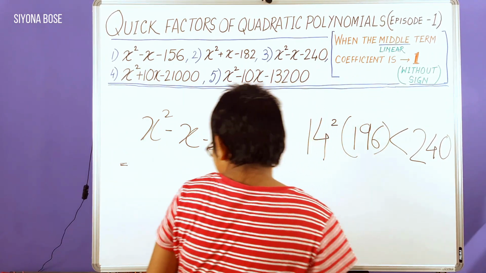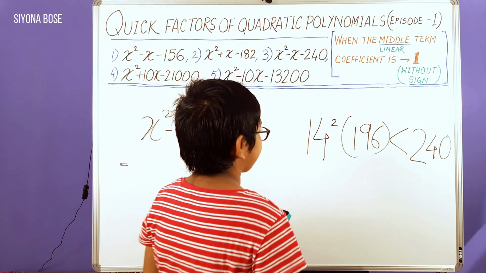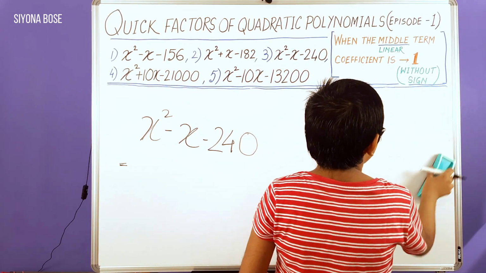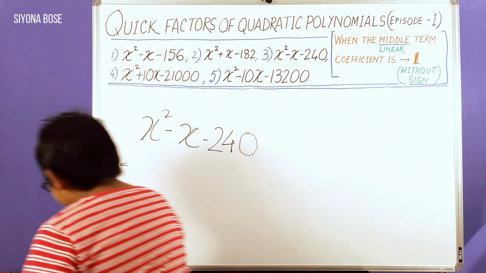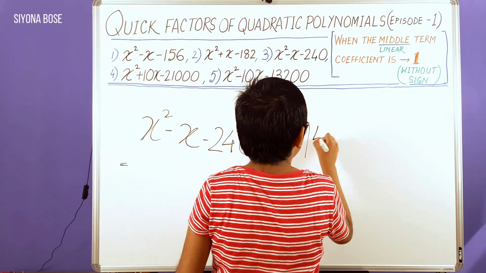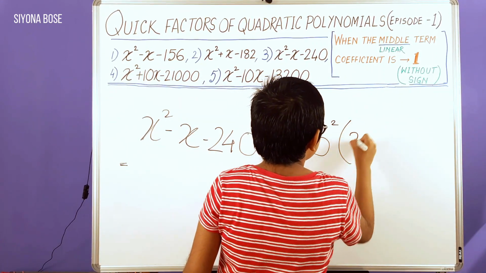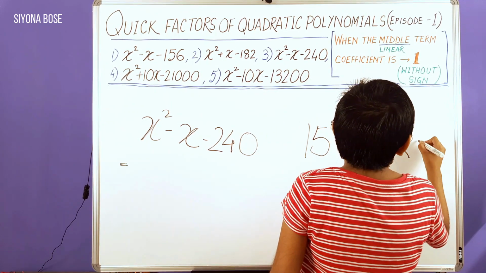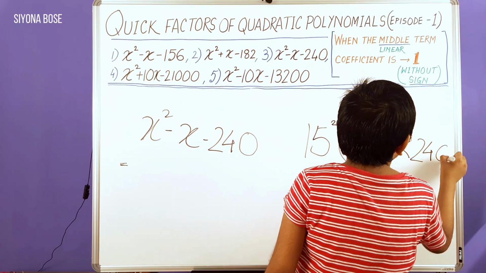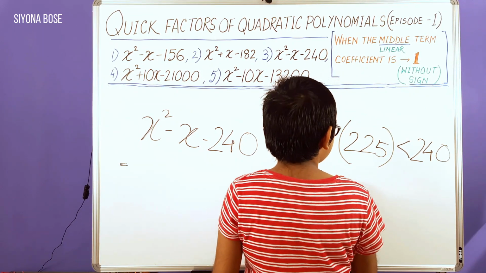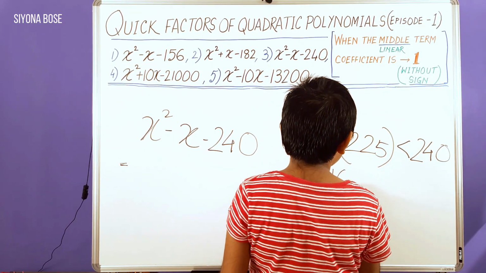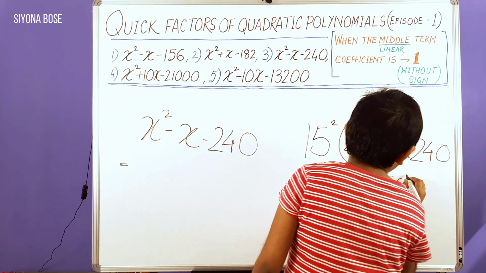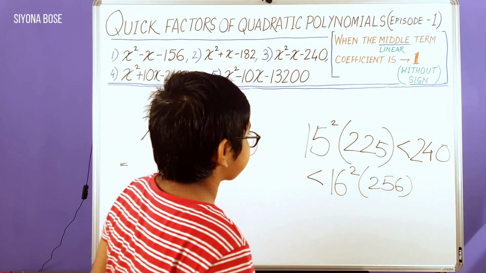Whoops, I made a mistake. It's supposed to be 15 squared, not 14. Please bear with me. It's supposed to be 15 squared, 225, less than 240, less than 16 squared, 256. I'm really sorry for the mistake, but please bear with me.